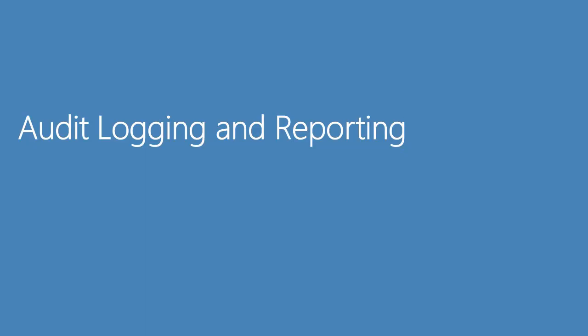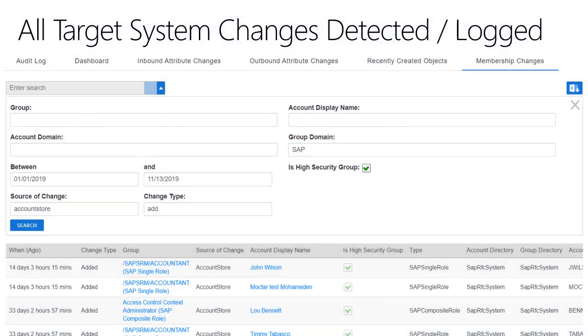A key strength of the EmpowerID platform is its audit logging and reporting. EmpowerID is based on the concept of an identity warehouse. So it's like a data warehouse for identity-related data.